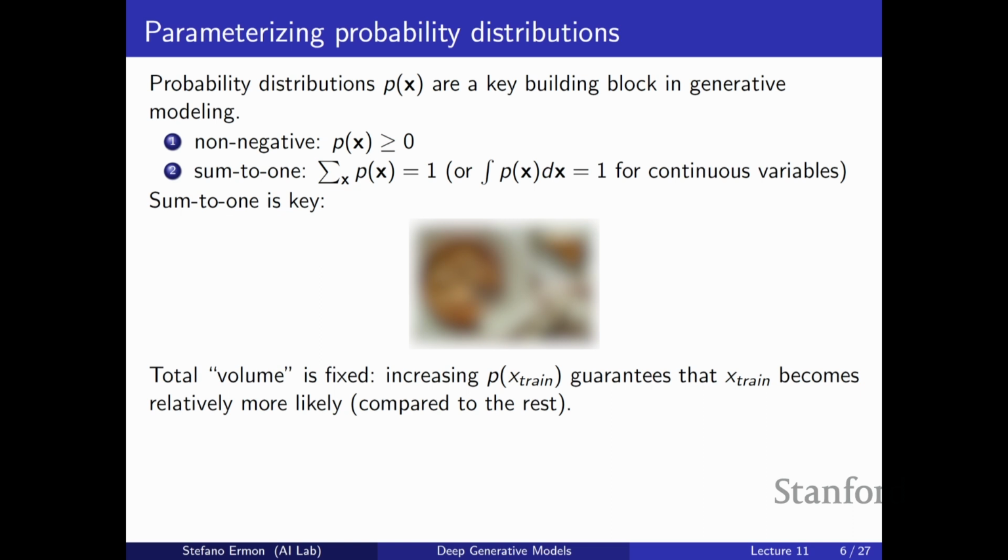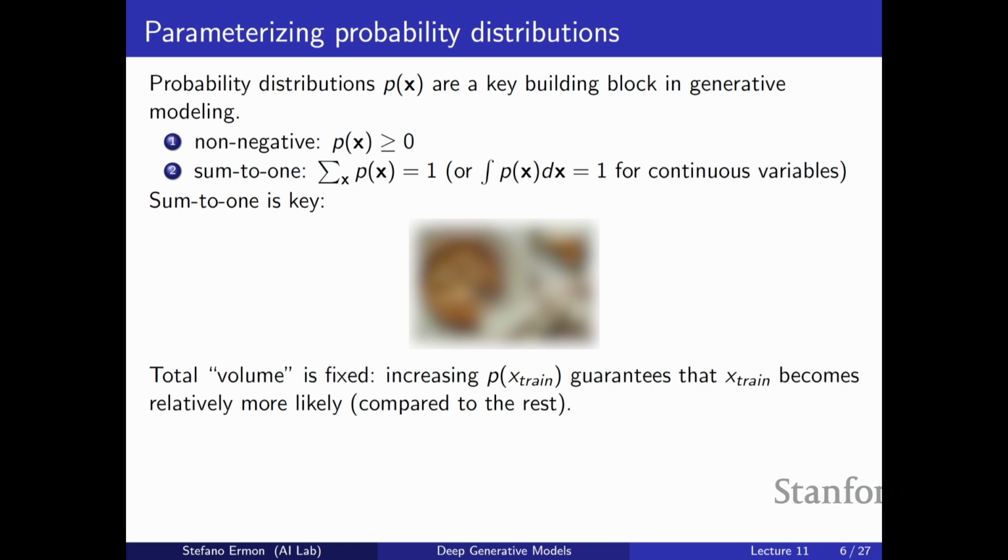And so if you increase the probability of one data point, you're guaranteed that the probability of something else will have to go down. The analogy is that there is a cake and you can divide it up in many different ways, but if you make one slice bigger, then the other ones will inevitably get smaller.